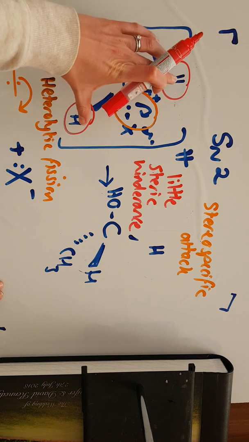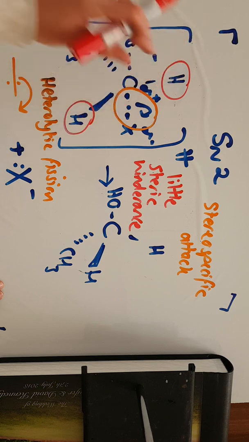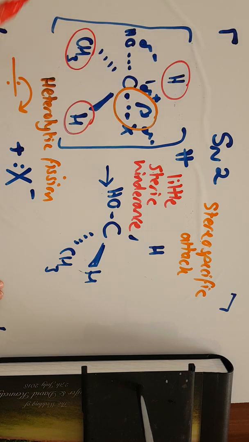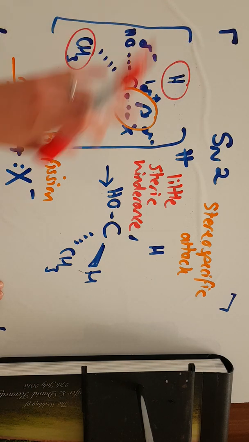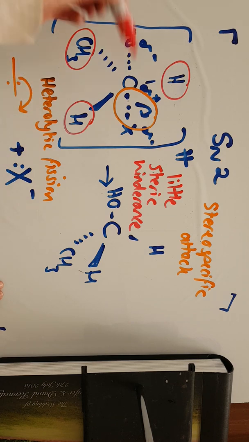So there's next to no steric hindrance here, and then just one relatively small group there. So these groups don't get in the way of that nucleophile. So the nucleophile has lots of space to come and attack that carbon there. Okay. All right. I'm going to stop that there, and then I'll go again with SN1.